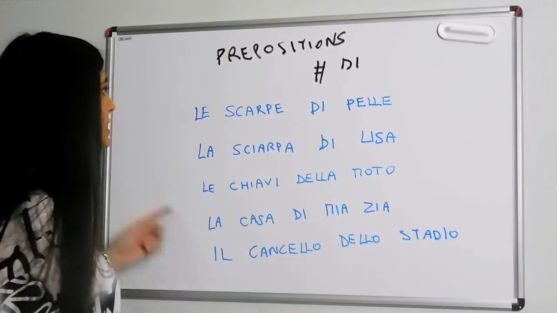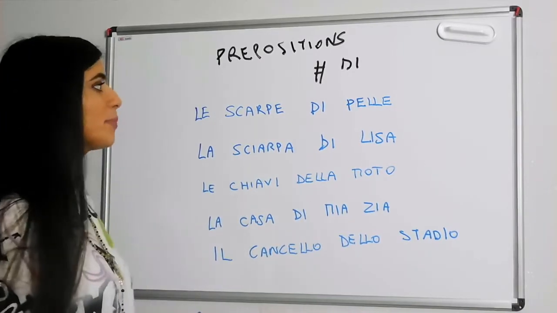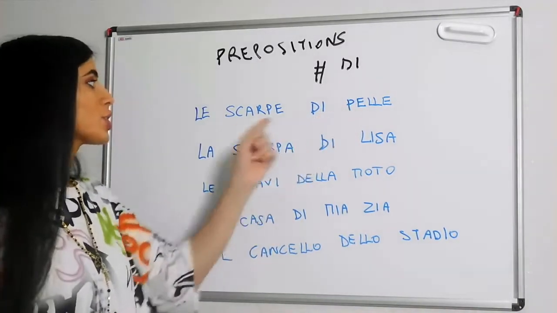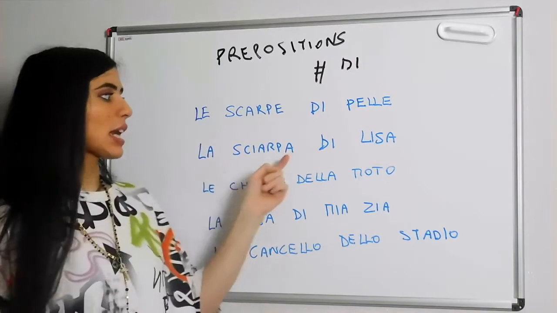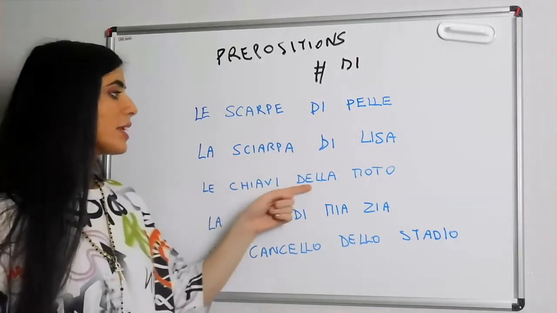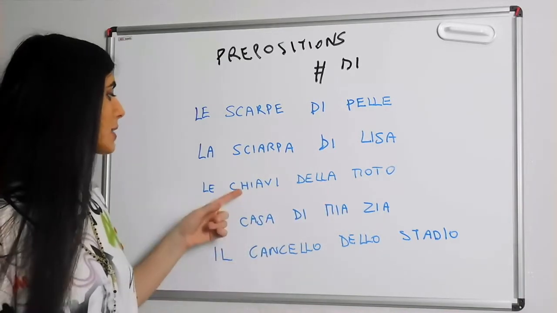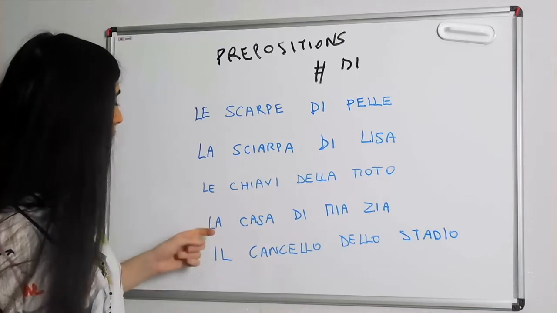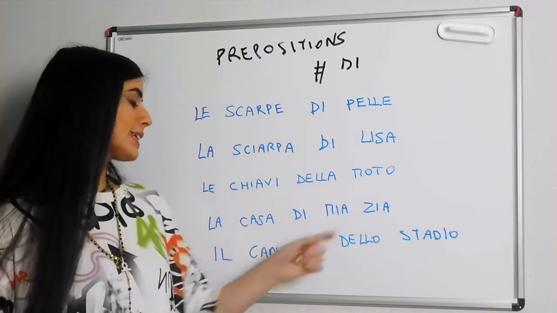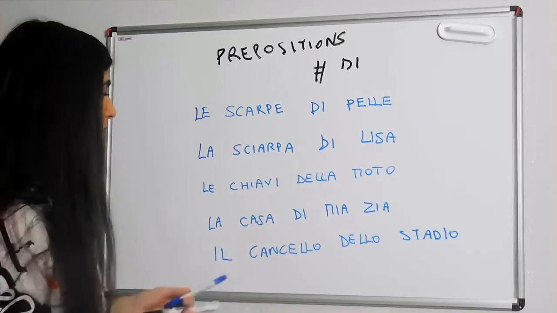So guys, examples here. We have example number 1, le scarpe di pelle, so the leather shoes. La sciarpa di Lisa, Lisa's scarf. Le chiavi della moto, the motorbike's keys. La casa di mia zia, the house of my aunt.